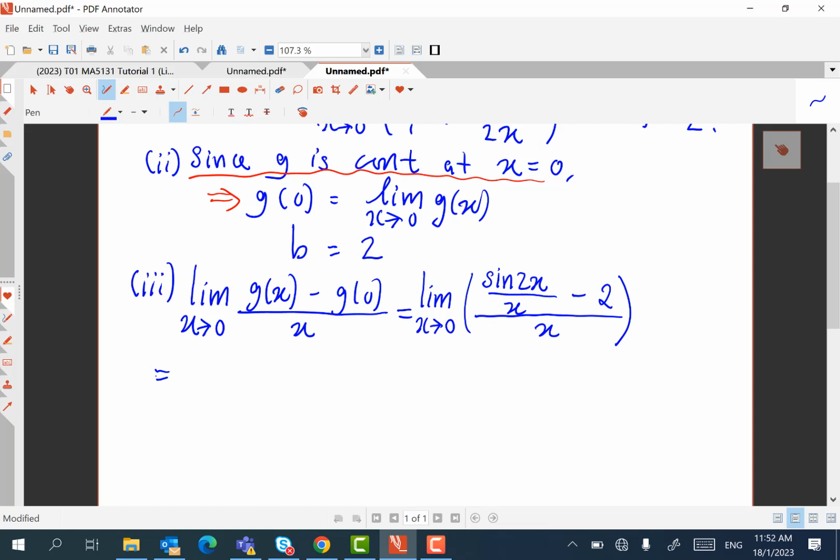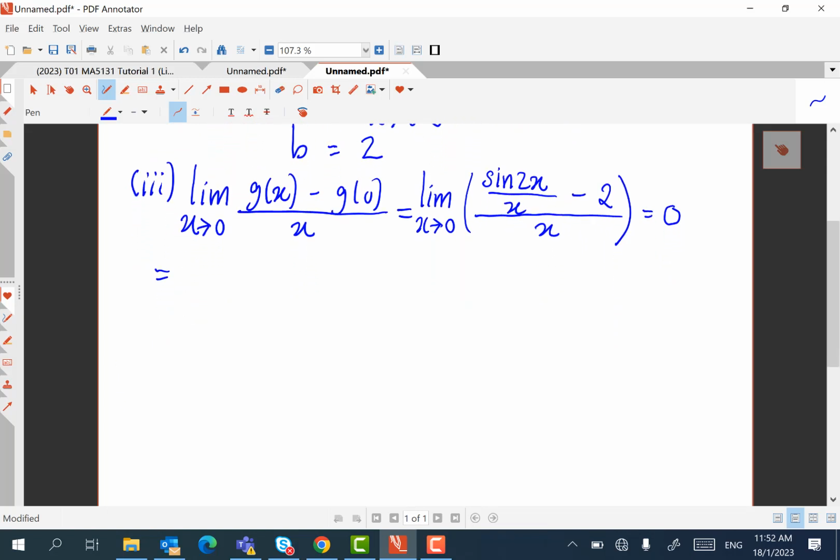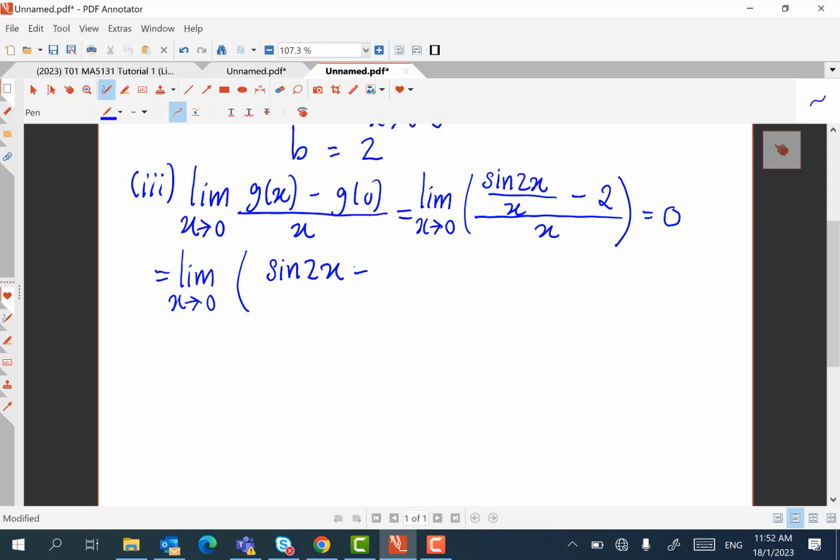Okay, class, if you use a GDC, you ought to get an answer of 0. If you ask me, can this be done without the GC? Yeah, you can rewrite it this way first. You can use L'Hopital's rule.